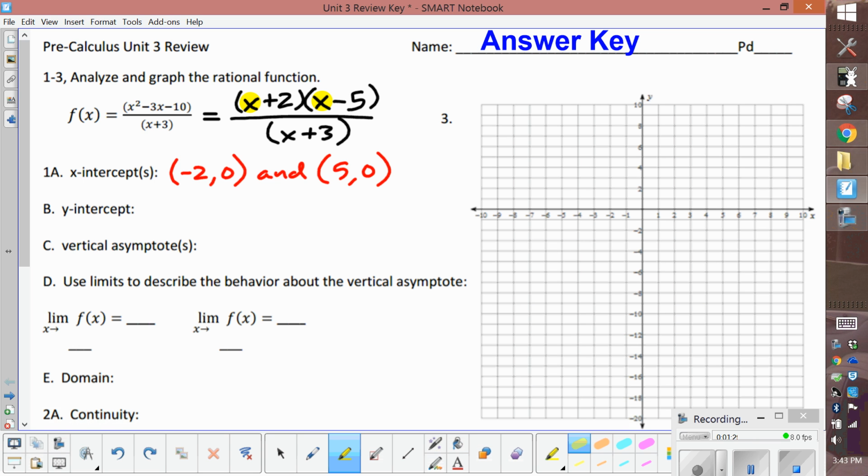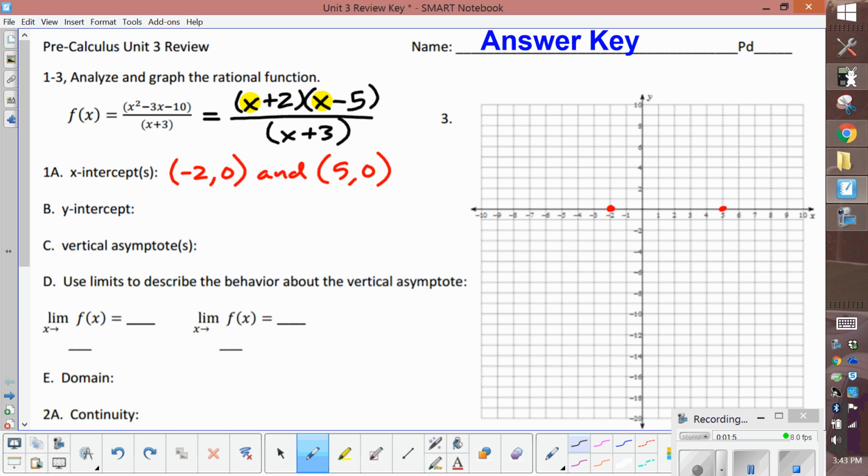And a little side note here, if I have 0 divided by any number, it would always produce 0. So I don't really care what's in the denominator or what else is with that 0 up above, as long as I create a 0. Okay, I'm going to go ahead and plot these points, negative 2 and positive 5.